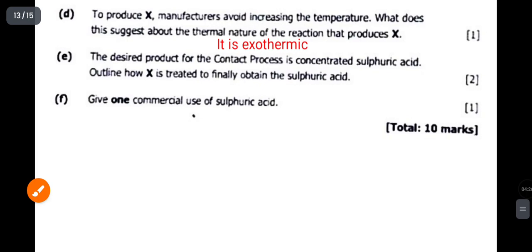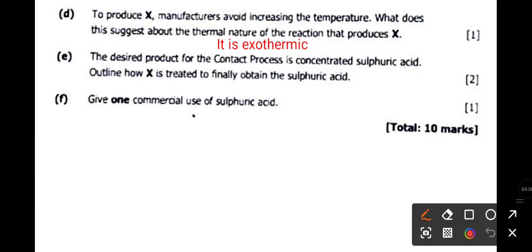Question E. The desired product of the contact process is concentrated sulfuric acid. Outline how X is treated to finally obtain the sulfuric acid. Okay, so we have X as being sulfur trioxide. So the first step is something that is very simple.